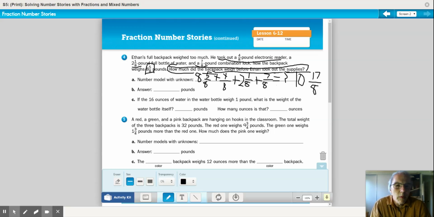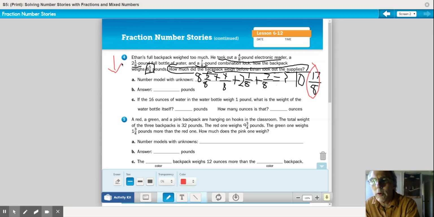Problem is that no one ever says 10 17/8. 17/8 is not the way you really say it. So we need to convert that. So 17/8, just like what we did before, can be changed to be something else. I'm going to move it over here. So how many 8s are in 17? Well, if you said 2, you're correct, because 2 times 8 is 16.